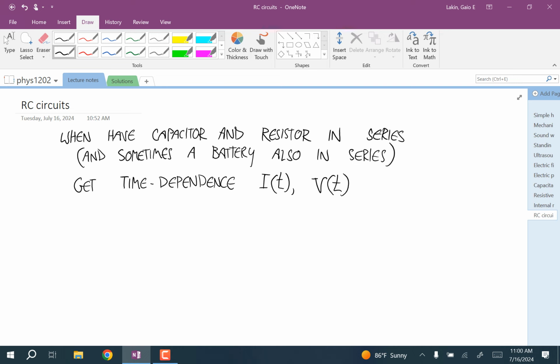And we're going to break this down into two different cases. So we know that capacitors, you can charge a capacitor, and then after the capacitor is charged, it can deliver current to other elements. So we're going to break it into those two different cases.